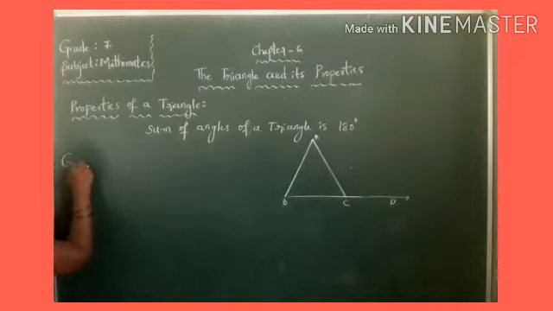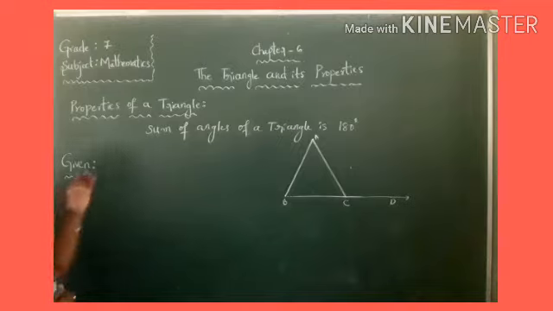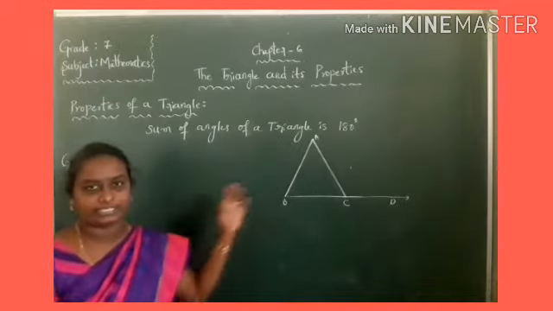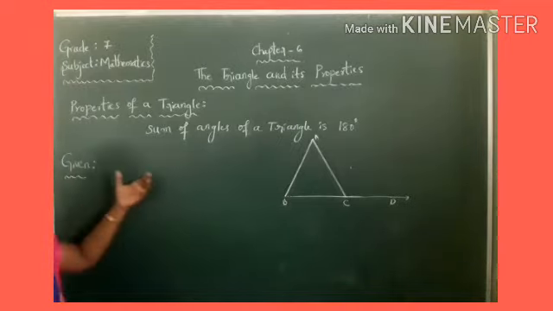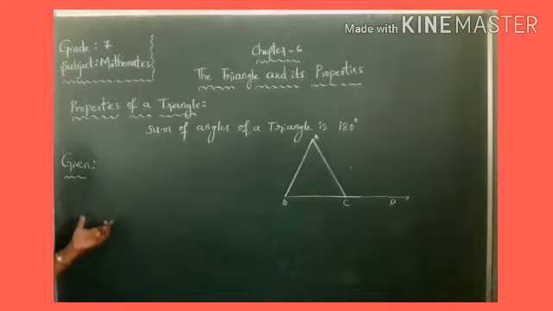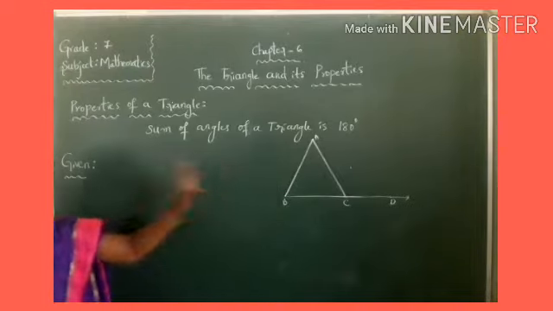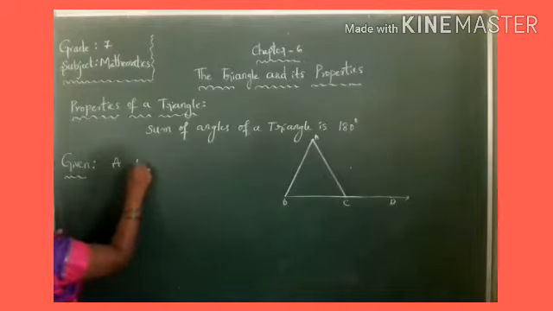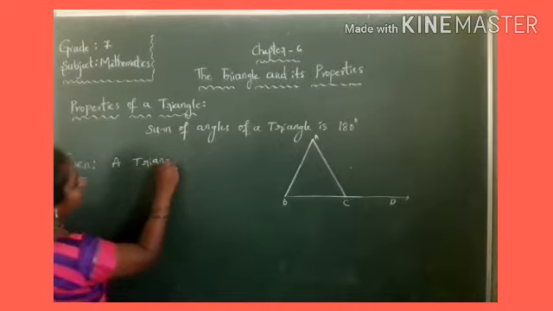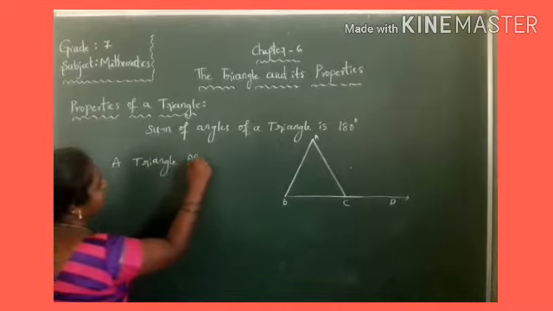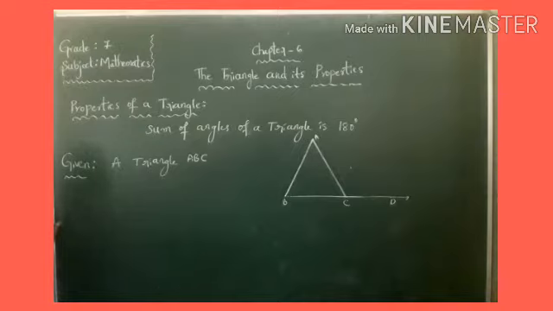So we are going to prove this theorem, that the sum of all angles in a triangle is 180 degrees. I am telling you step by step, so you have to listen carefully. First, given: a triangle ABC.